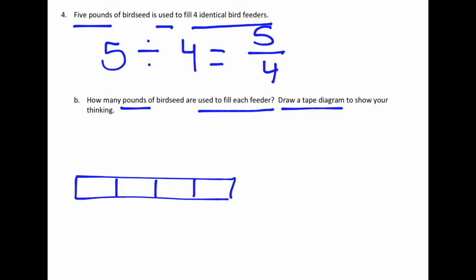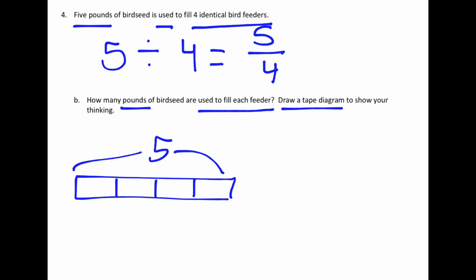Now, this whole tape diagram should equal a whole number. It should equal 5. And what I mean by that is you're just simply going to write that these 4 units is equal to 5 whole parts. I know that sounds confusing, but we're going to work it out in just a minute.